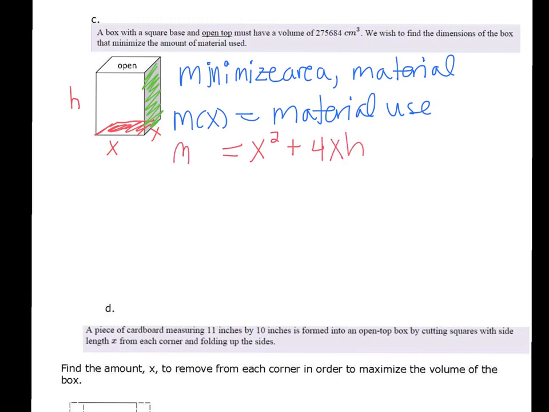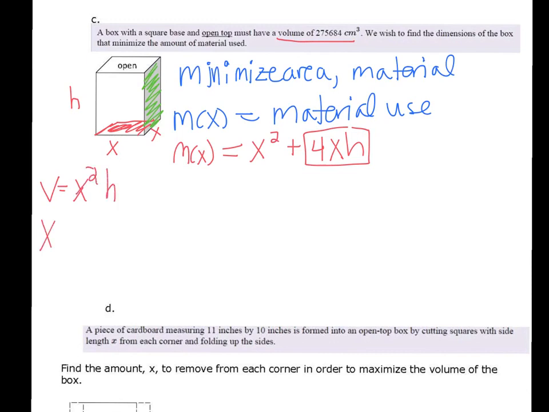Well, this is all well and good, except if I take the derivative of it, I don't know what to do with that h. So let's see if we have any other information in our problem that we haven't used. And I see that we are given information about the volume. Well, volume is equal to length times width times height, and in our scenario it would be x squared times h.